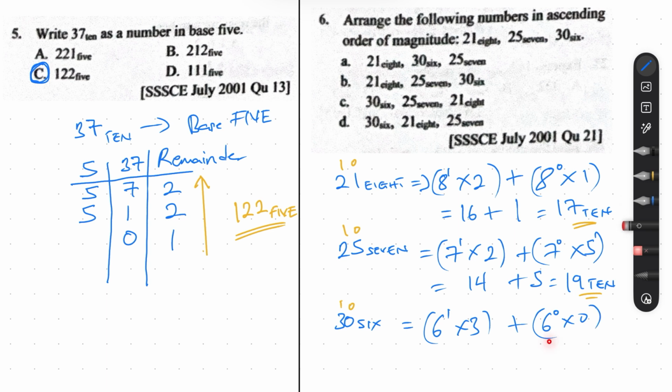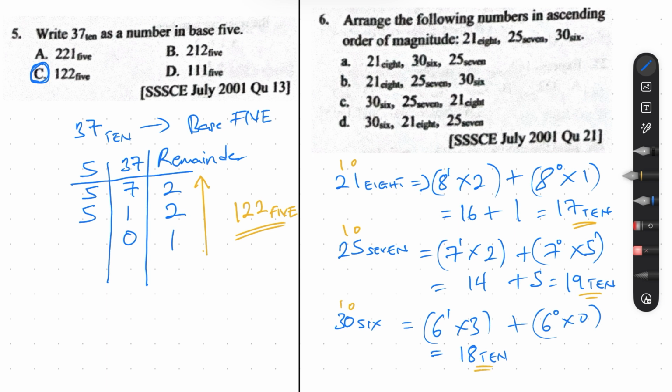So obviously this becomes 0 because you have something multiplying 0. Then plus 6 to the power 1 is what? 6 times 3 is what? 18. So we have our answer to be 18 base 10. Okay, now this is our answer.